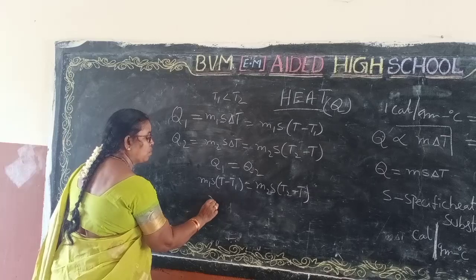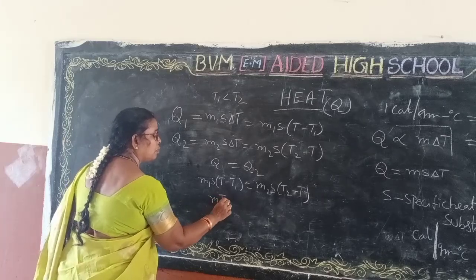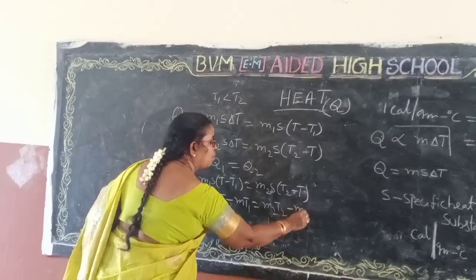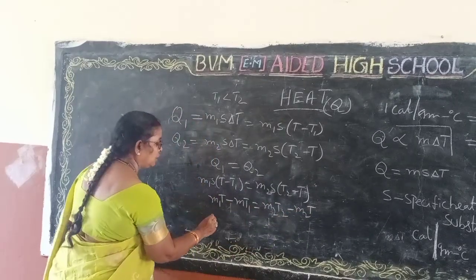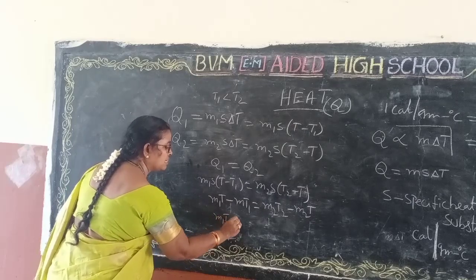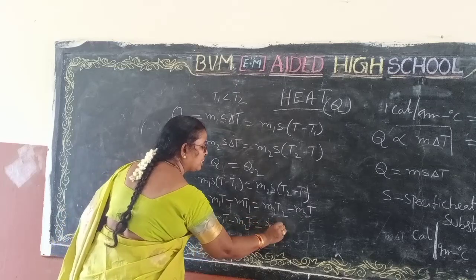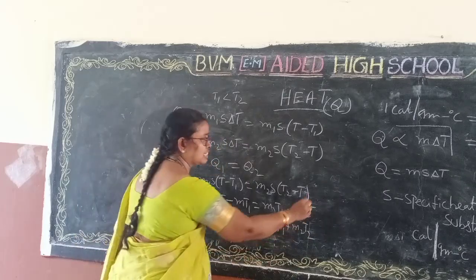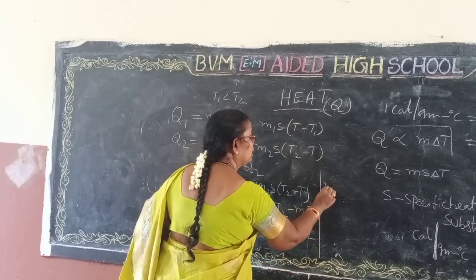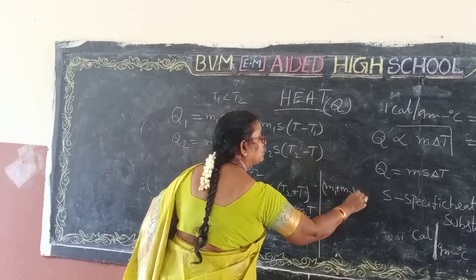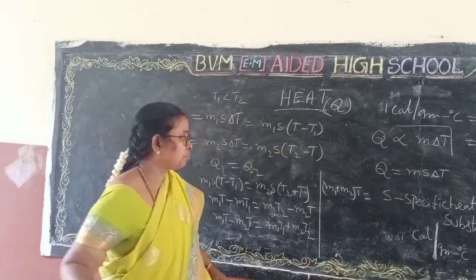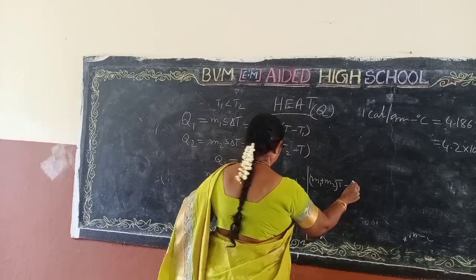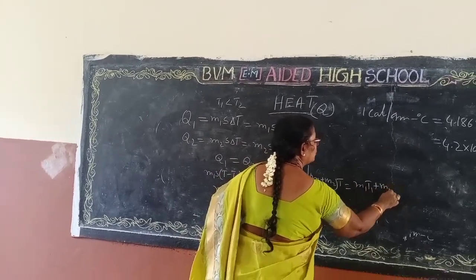Simplify this: M1 T minus M1 T1 is equal to M2 T2 minus M2 T. So bring T terms on one side: M1 T plus M2 T is equal to M1 T1 plus M2 T2. In the next step we can write (M1 plus M2) T common is equal to M1 T1 plus M2 T2.